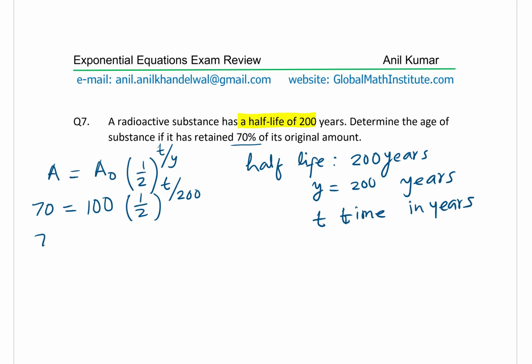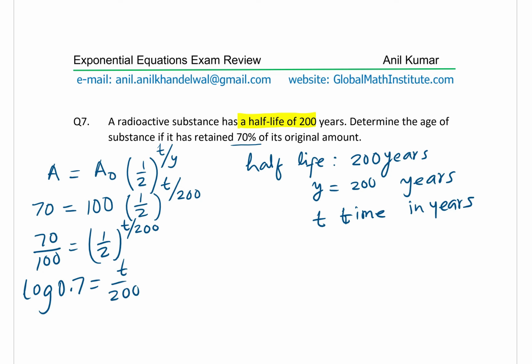So 70 divided by 100, which is 70%, equals half to the power of t over 200. So it is 0.7. We can take log both sides. We get log of 0.7 equals t over 200 times log of half, applying the properties of logarithms, right?